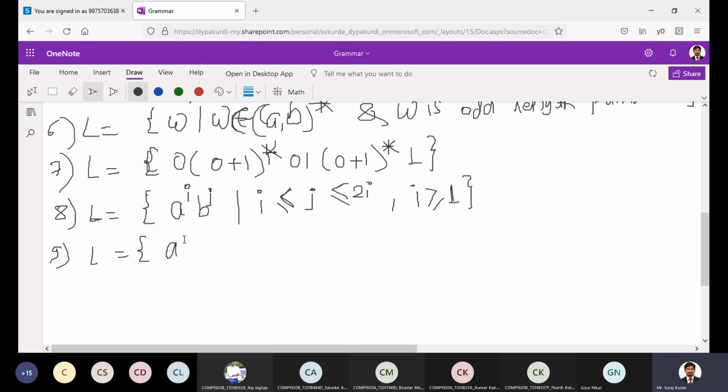L is equal to a repeated i times, b repeated j times, c repeated k times, where i plus k is equal to j, and i, k greater than or equal to 1.